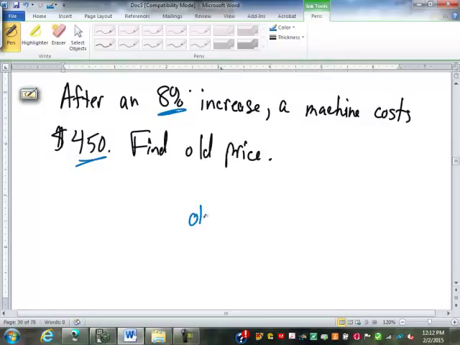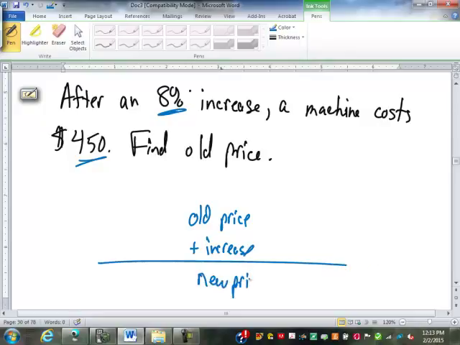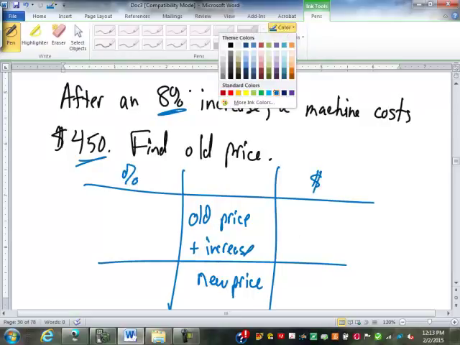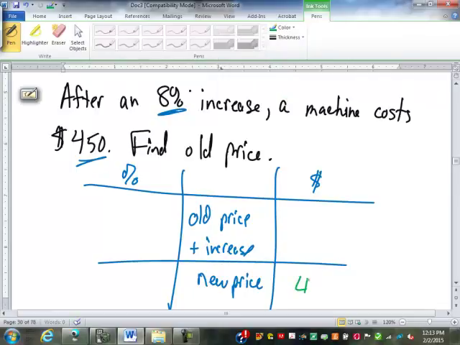So we look here, we have the old price plus an increase gives us a new price. We have percents, and we're still dealing with dollars again over here. We know that the 450 is the new price. On the other side, we have 8% increase. Old price is 100%, so the new price is 108%.